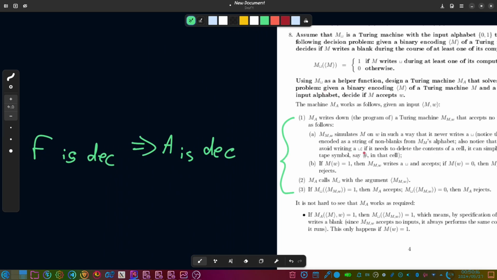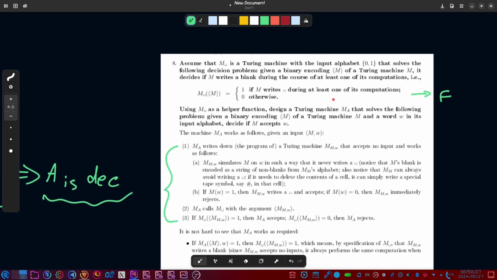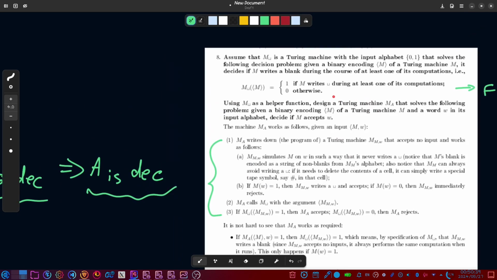The way of knowing which thing is the conclusion and which thing is the antecedent is basically asking: which language are we told to create a decider for? Sorry, not which Turing machine. Which language are we already told is undecidable?